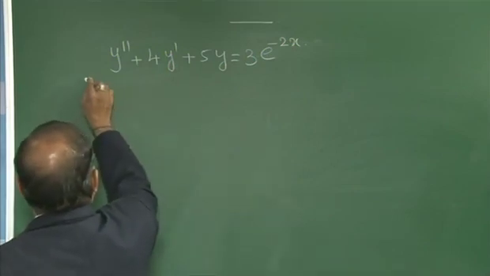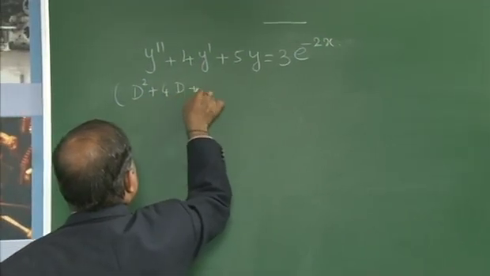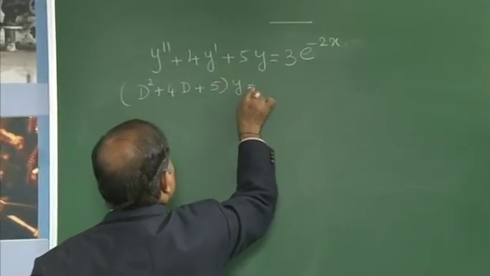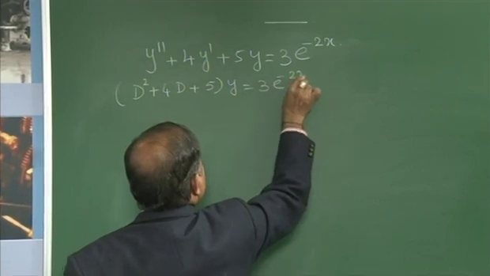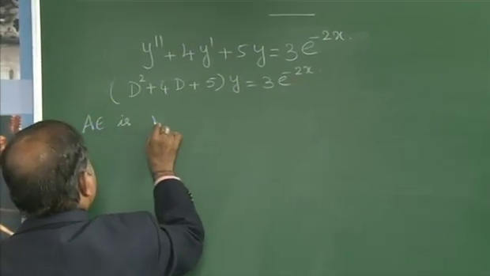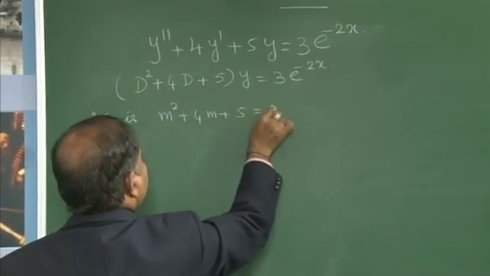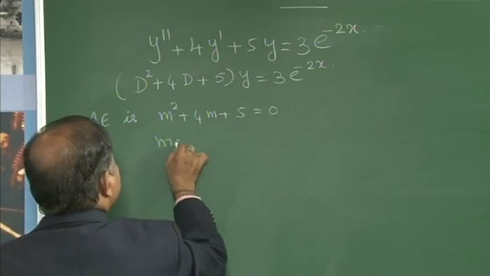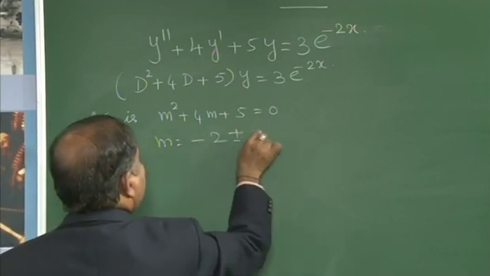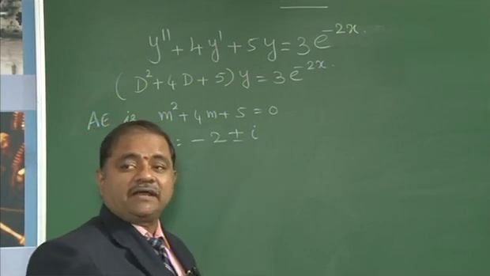Start doing it in the same way. (D square plus 4D plus 5) into y. Auxiliary equation: m squared plus 4m plus 5. You will get the roots: complex roots, minus 2 plus or minus i.